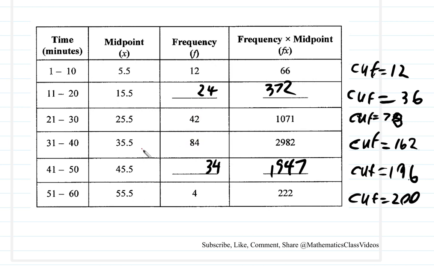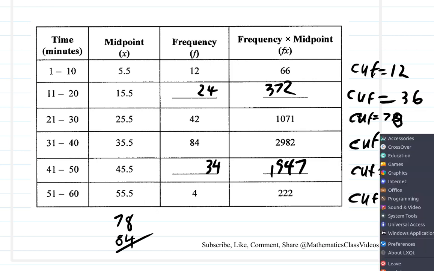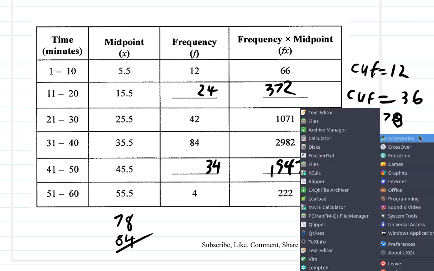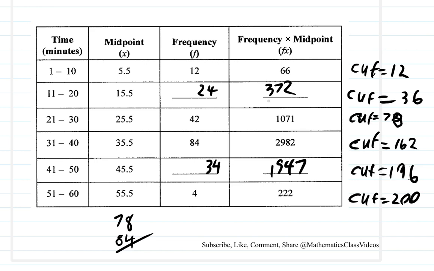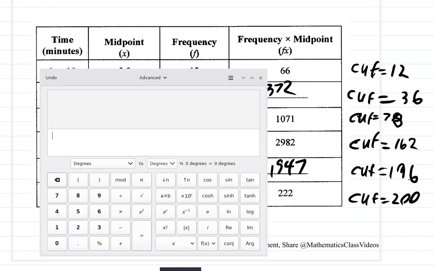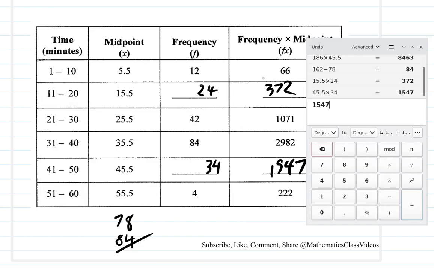78 and 84. So you have 78 plus 84. Let's just use a calculator quickly, just to check and reassure ourselves that it really does add up to 200.